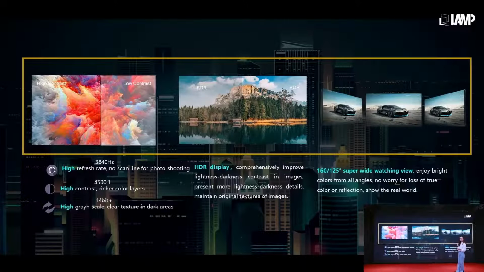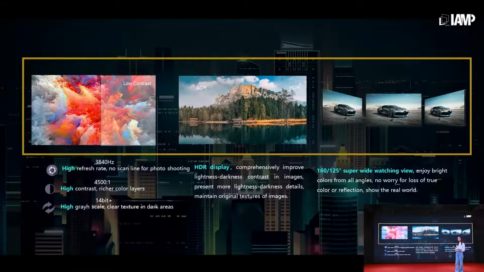Yeah, there are 3 comparisons shown on the board, right? The first one is the functions we can achieve. The first is the high refresh rate, up to 3840. It's a high refresh rate when you're recording the screen, when you're in a live show, or when pedestrians go by the building and walk on the street.